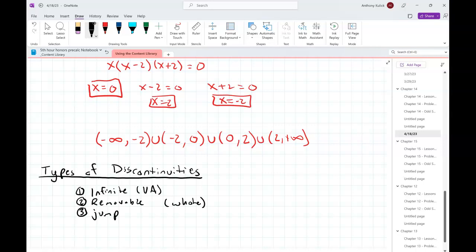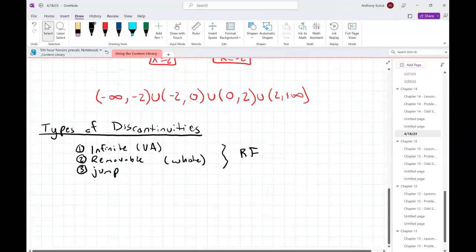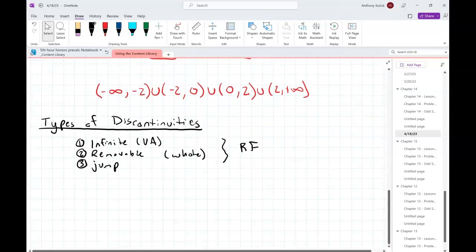Now for rational functions, we can have infinite discontinuities and we can have removables. You won't get jumps. So let's talk about how we can tell where the removable discontinuities and the infinite discontinuities occur.